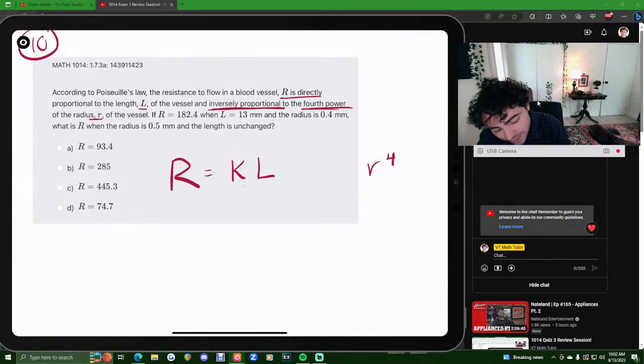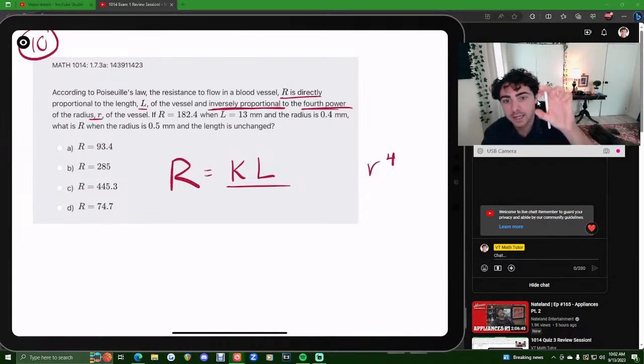And so, to be inversely proportional means that capital R should have the relationship of K divided by the 4th power of r. So the main idea is, if it says something is directly proportional to that thing, you should see that thing in the numerator. If it says it's inversely proportional to something else, you should see that term in the denominator. So inversely goes in the denominator, directly proportional numerator.